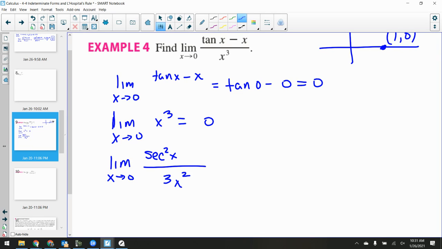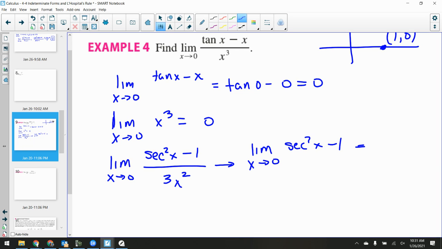Secant squared x minus 1. Okay, now, I would now see if I could possibly plug this in. Can I? Like, think about this. The limit as x goes to 0 of secant squared x minus 1.